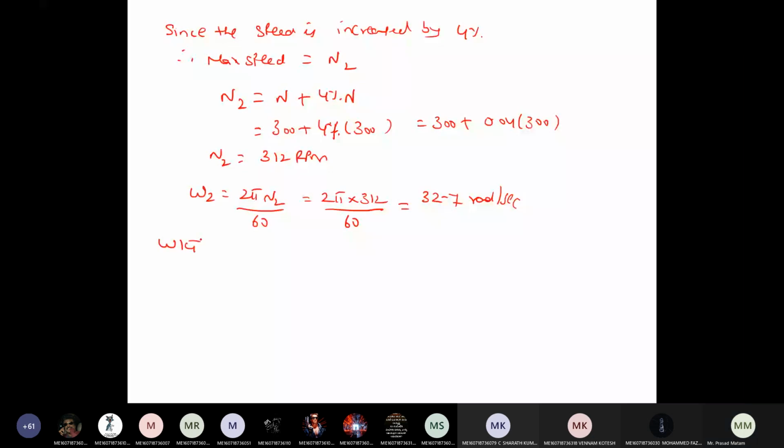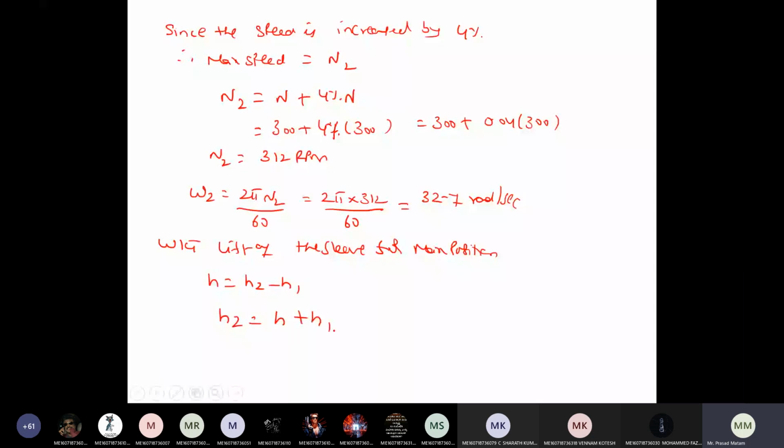Okay. Now we know the lift of the sleeve for the maximum position. So what is H? H is equal to H2 minus H1. We need to find the H2 value, which is equal to H plus H1.